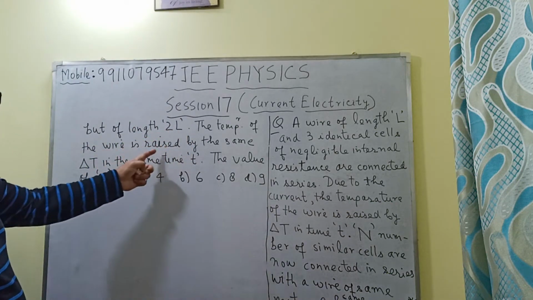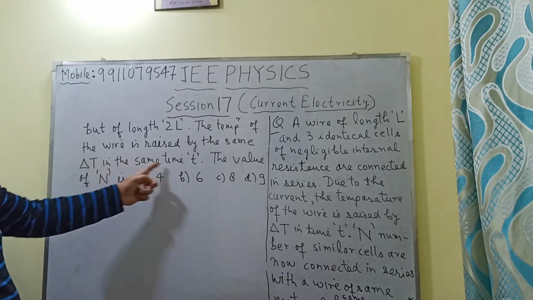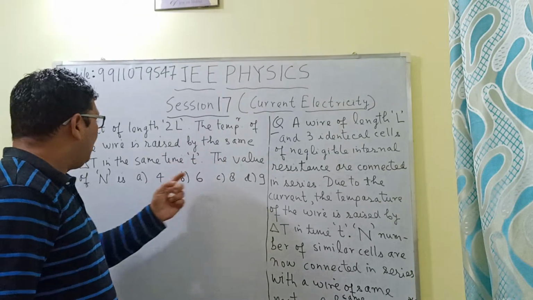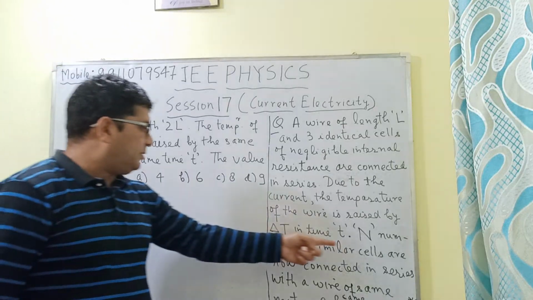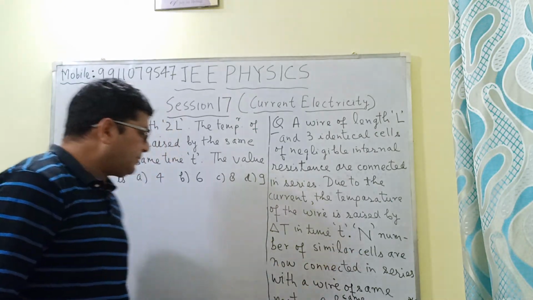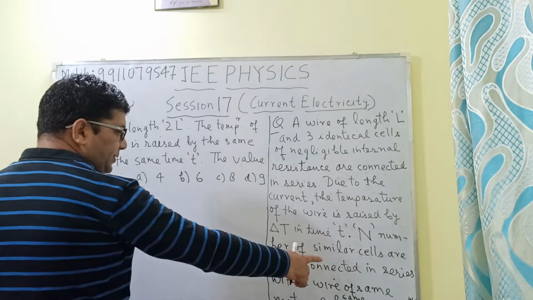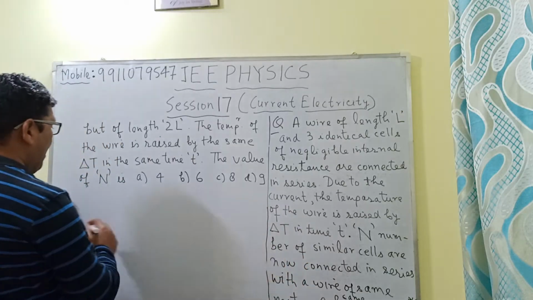The temperature of the wire is raised by the same delta T in the same time interval, that is T. So we have to find the value of N, that is the number of cells in this combination.